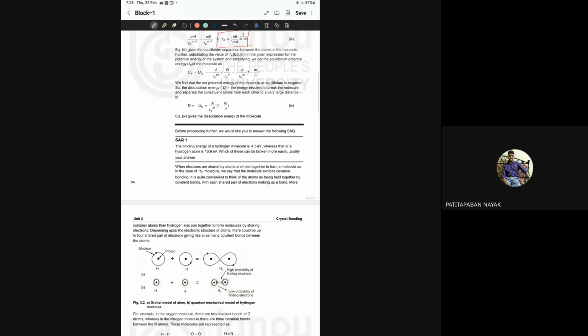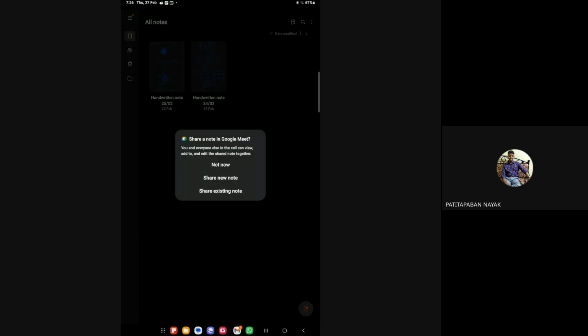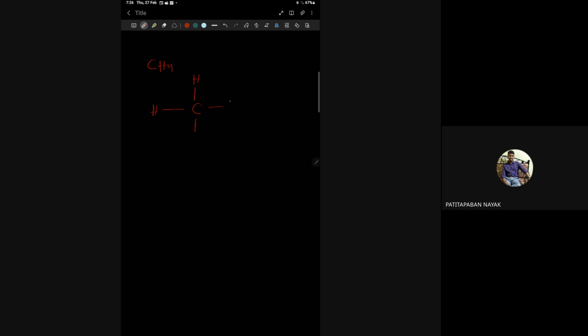For example, if you think of methane, CH4, then you have C and the four H atoms.